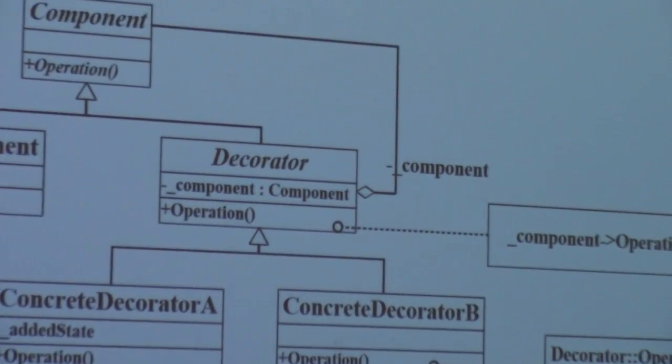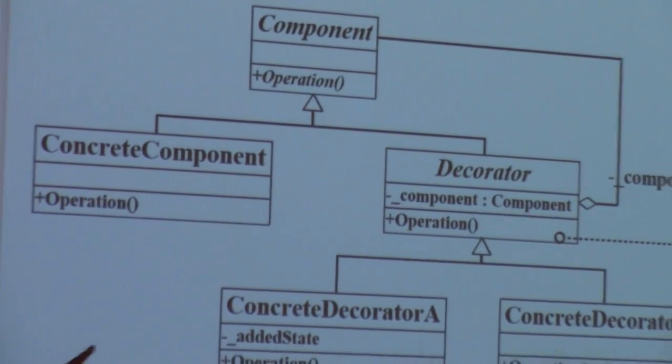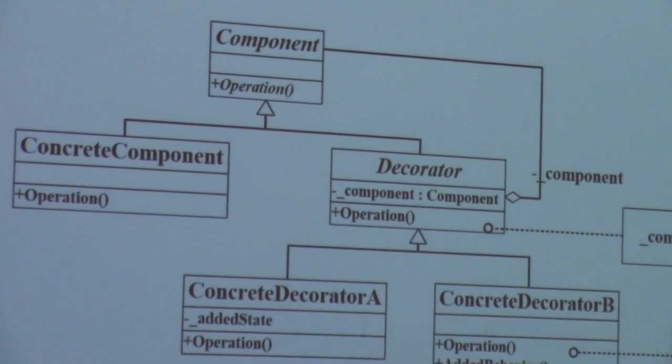So the component has a decorator. You see there is like a loop there. So a component can have one or more. That diamond on the side of the decorator is the one-to-many relationship. So one component can have one or more decorators.